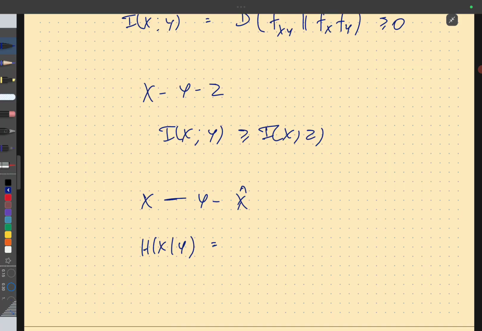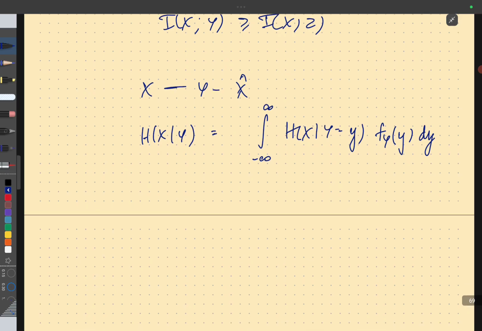And this is equal to essentially the integral from minus infinity to plus infinity of h of x given y equal to little y times fy dy. This definition makes sense, and once again you have that h of x given y.